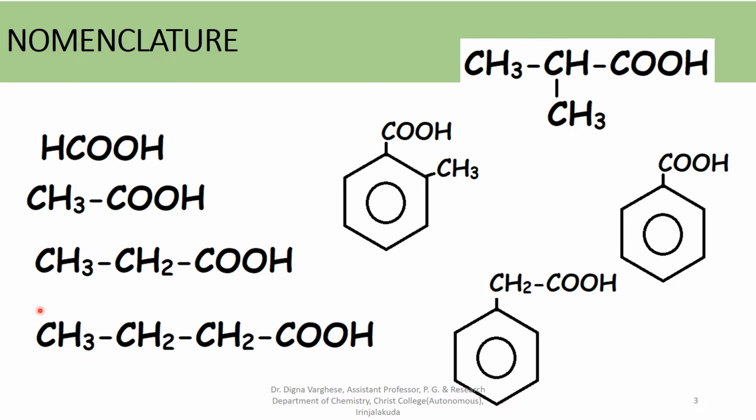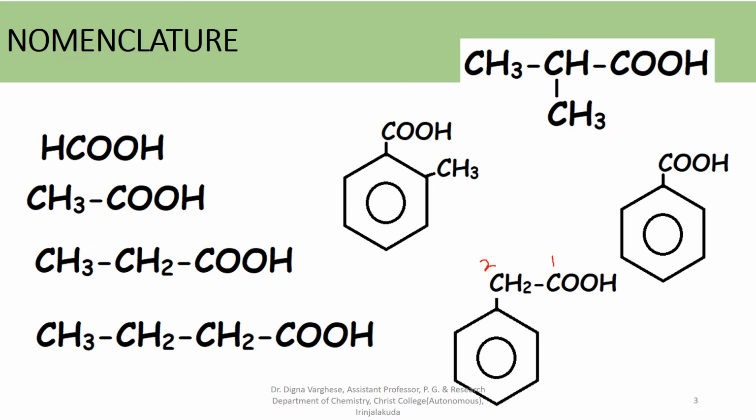Next compound is phenyl acetic acid. We know the acetic acid formula is CH3COOH, in which one hydrogen is replaced by the phenyl group. So it is known as phenyl acetic acid. Phenyl acetic acid is its common name, but the IUPAC name is 2-phenyl ethanoic acid, that is 1, 2.